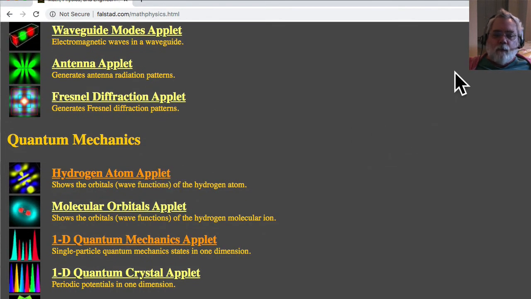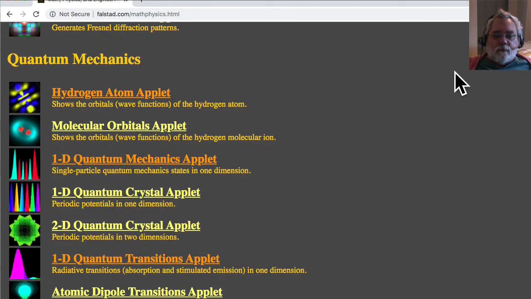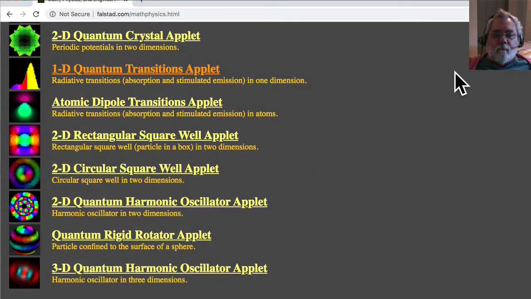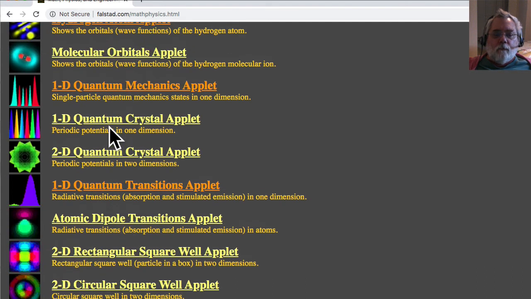That's pretty interesting. We're not going to cover that. Molecular orbitals. Lots of interesting quantum mechanical stuff. We're going to look at the one-dimensional quantum mechanics applet.